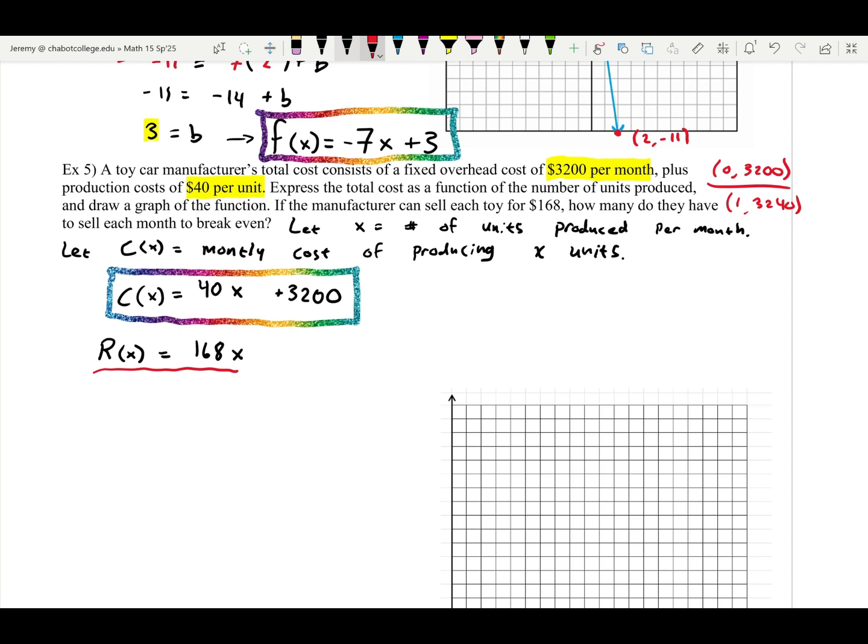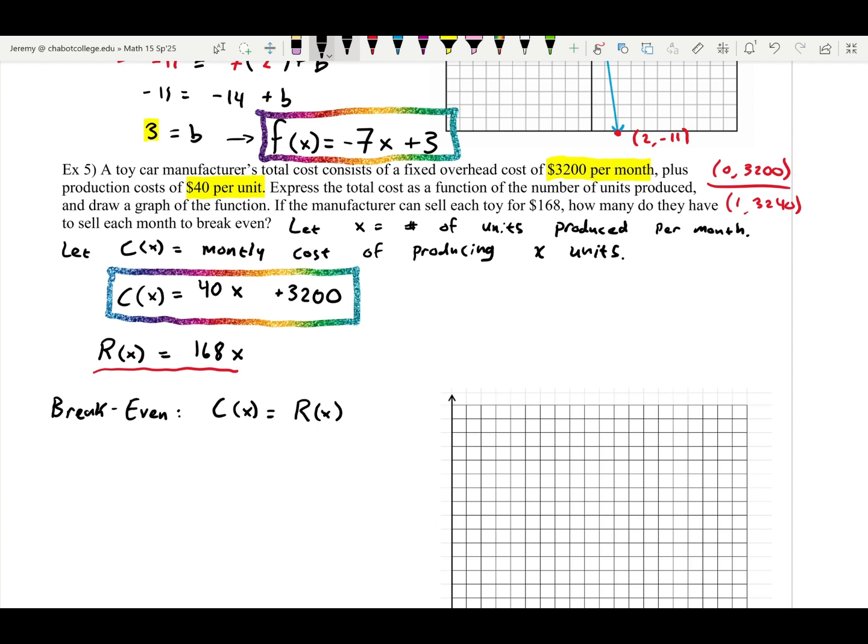Now, this question about breaking even. When you break even, it means that your costs are equal to your revenue. So break even, I'll just make a note of that. That means that your costs are equal to your revenue, so C of x is equal to R of x.